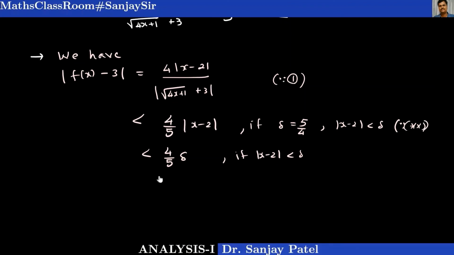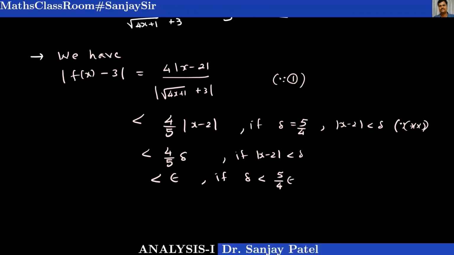So this gives me the idea that I should choose delta equal to 5 by 4 times epsilon or something less than that. So this is less than epsilon if I take delta to be less than 5 by 4 into epsilon. Okay, so we can make here mod of f(x) minus 3 less than epsilon with respect to the various conditions. So one condition is this: delta is less than 5 by 4 times epsilon.